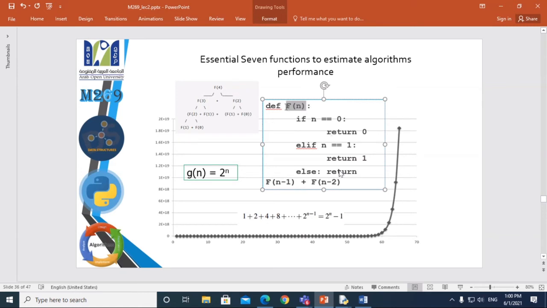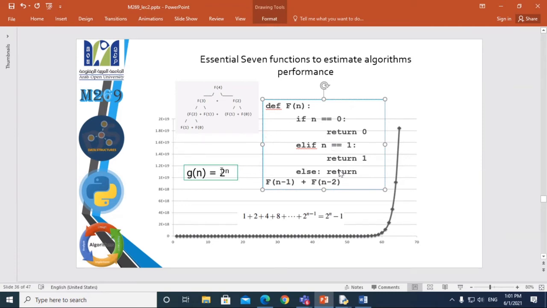It will call itself again and again until it reaches either 0 or 1. So it will exit. If it is 0, return 0. If it is 1, return 1. Of course, it will reach n equal 0 or 1.